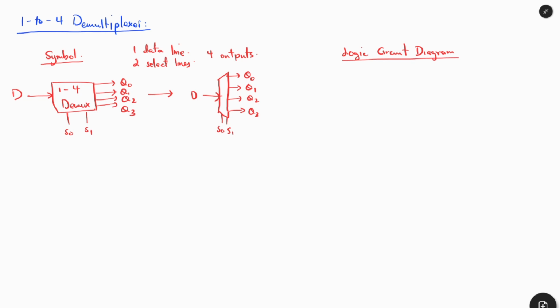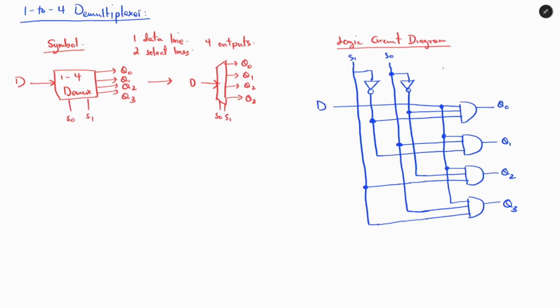I will now draw the logic diagram of the 1 to 4 demultiplexer circuit. And this is our logic circuit diagram for the 1 to 4 demultiplexer.